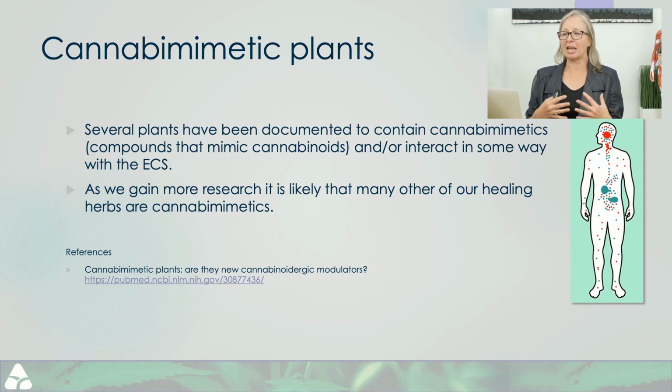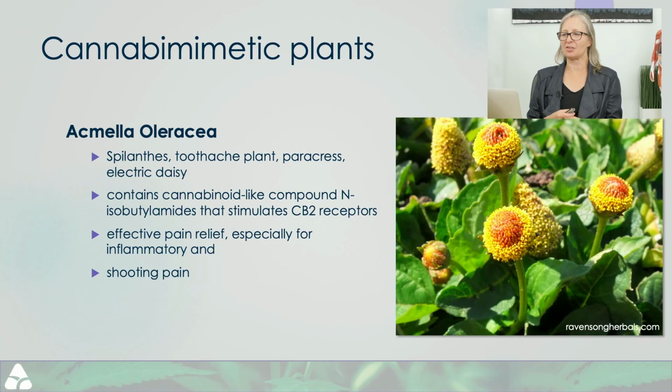So these are called cannabimimetic plants, and they've been documented to interact with the endocannabinoid system in some way. It's likely we're going to find a lot more plants that work this way as well. But right now we'll start with just these few plants.